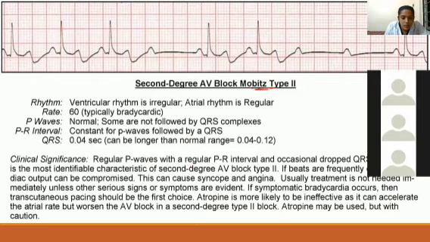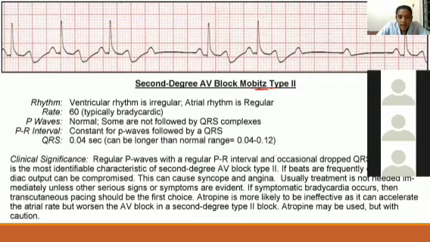Regular P waves with a regular PR interval and an occasional dropped QRS complex is the most identifiable characteristic of second degree AV block. If beats are frequently dropped, the cardiac output can be compromised. If the conduction is not happening properly, the ejection of blood is not happening properly.